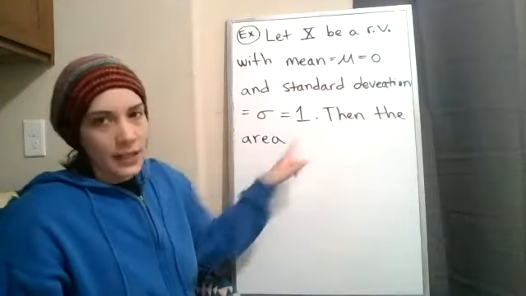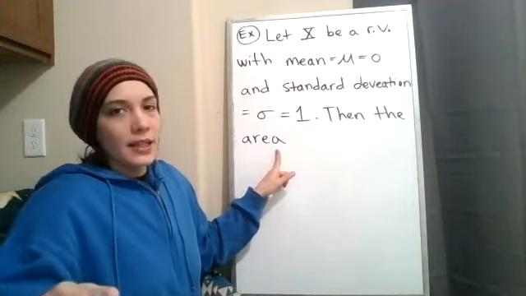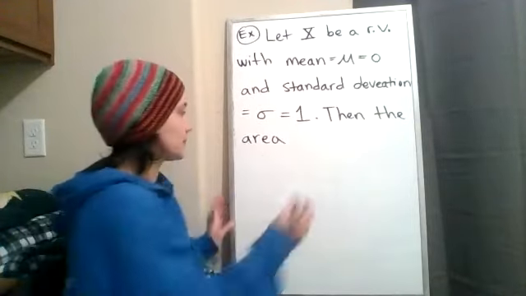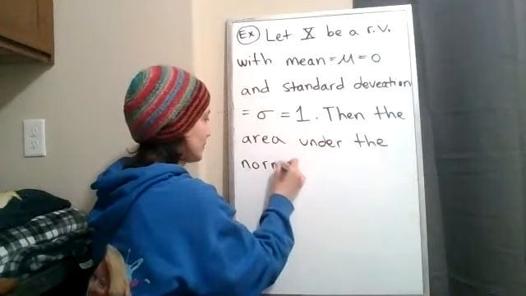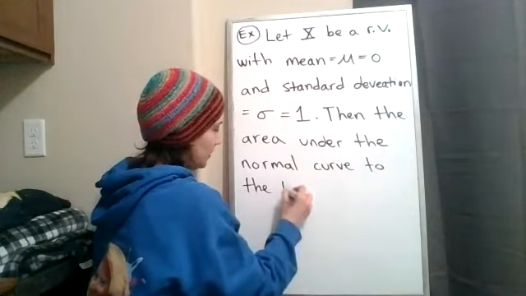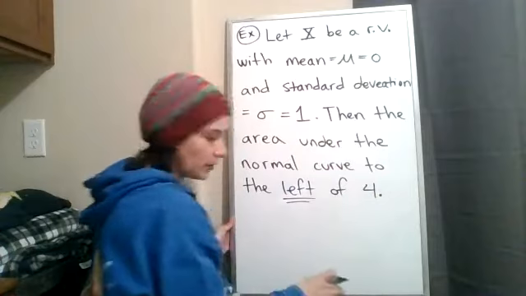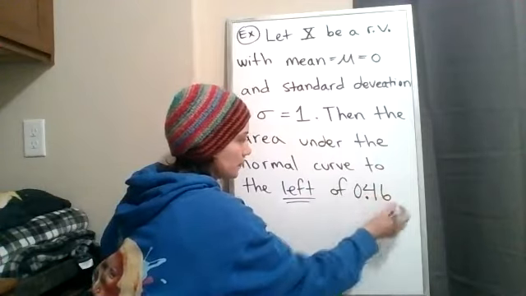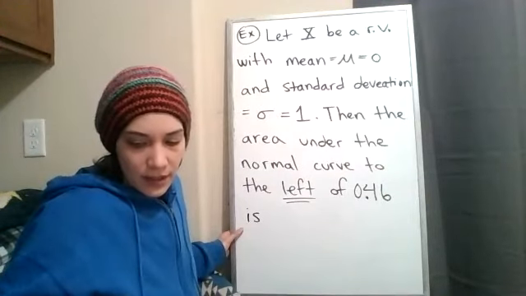Okay, I went and found the area using Google: the area under the normal curve to the left of 0.46 is 0.677.